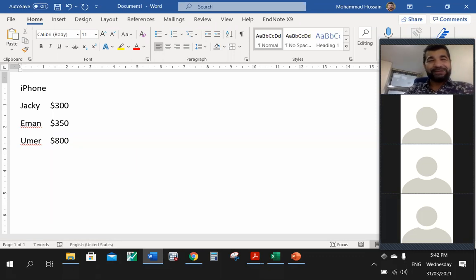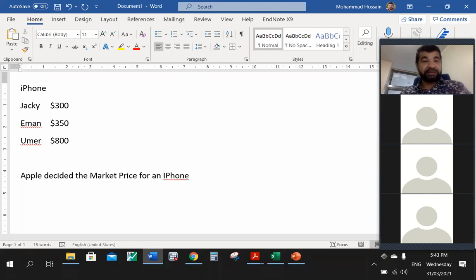Okay, so let's say the company has decided that, okay, this is what you want to pay. Now Apple decided the market price for an iPhone is, let's say, $375.